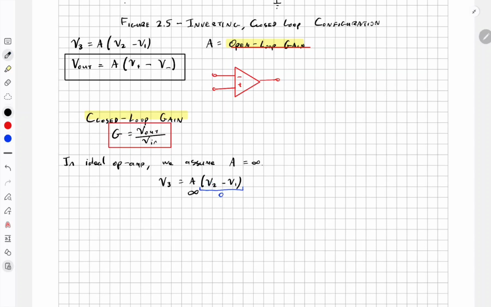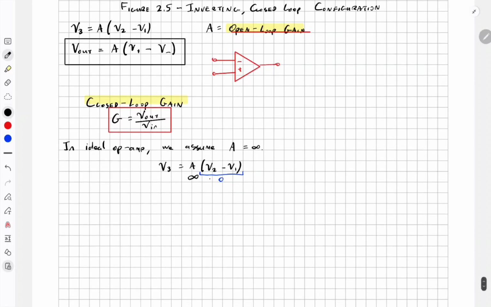That way infinity multiplied by 0 can give a finite number for V3. So V2 minus V1 equals 0. In that case, you just say that V2 equals V1.